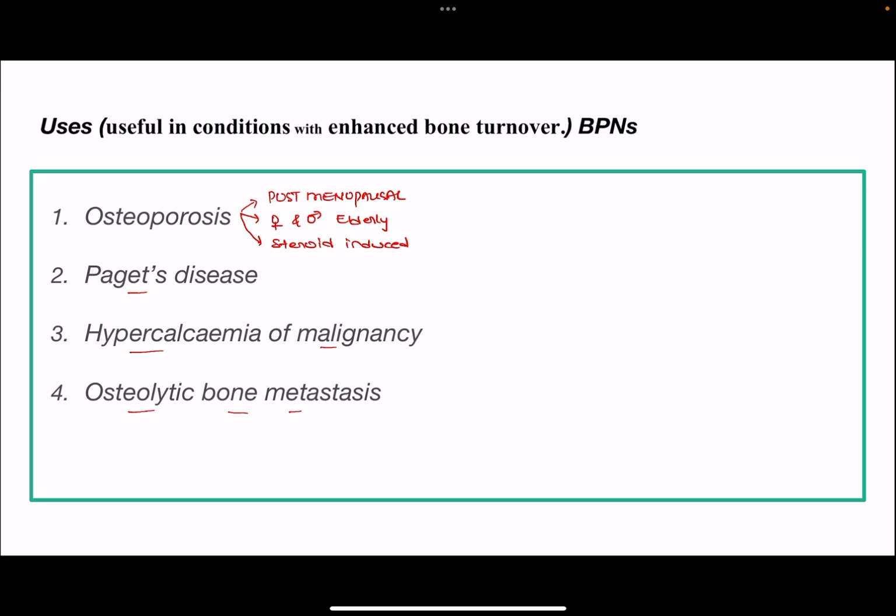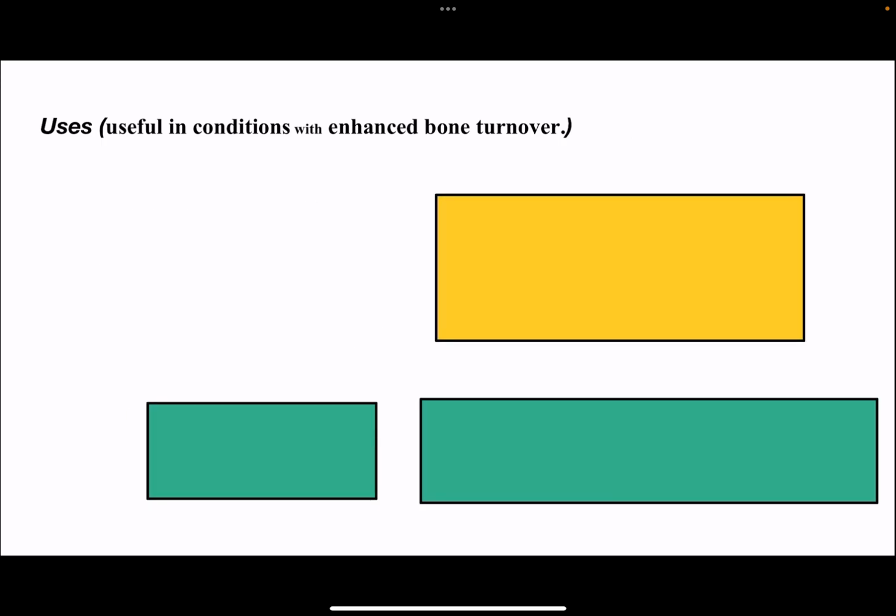Paget's disease is an abnormality in the bone where there will be destruction of the bony architecture. Hypercalcemia of malignancy is an emergency condition which you need to treat very strictly, and urgent measures should be taken. Osteolytic bone metastases are associated with carcinomas. So let us see one by one.